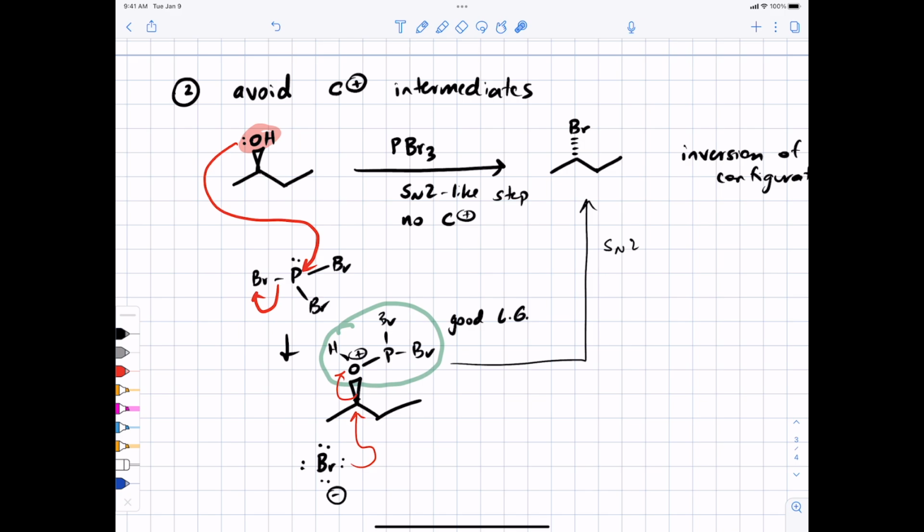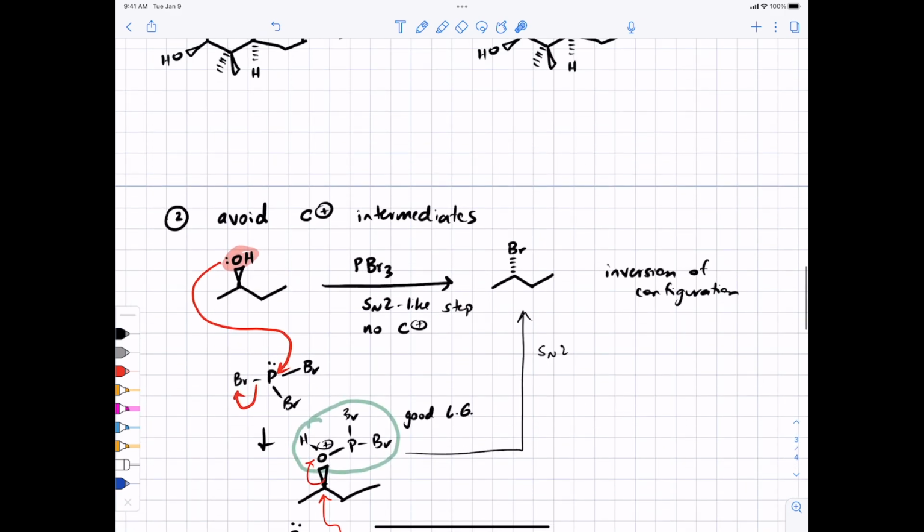But even if you don't know the mechanism, if the reaction's useful, people will use it. Yeah? So what makes this reaction useful? This reaction is useful because it turns OH into an alkyl halide, which is a much better leaving group than OH, and it keeps stereochemistry part of things, right? We don't go through a carbocation intermediate, so we don't lose stereochemistry.